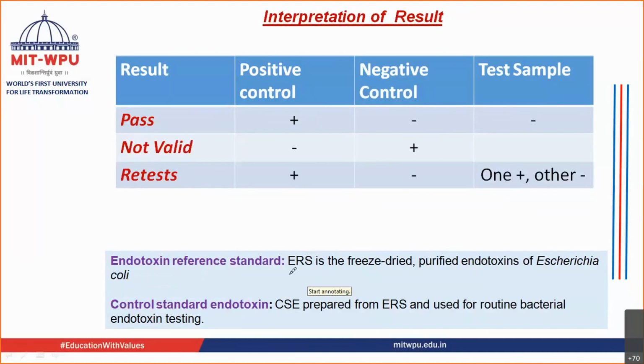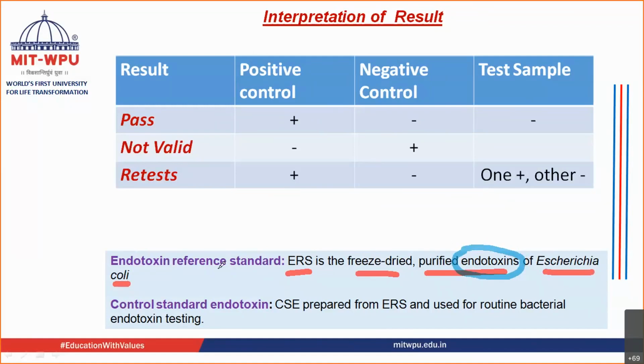ERS is a freeze-dried purified endotoxin of Escherichia coli. From this microorganism, the freeze-dried product contains endotoxin. So this ERS contains endotoxin. Your water BET was not containing endotoxin, but ERS contains endotoxin.